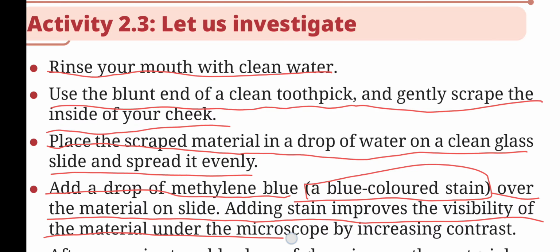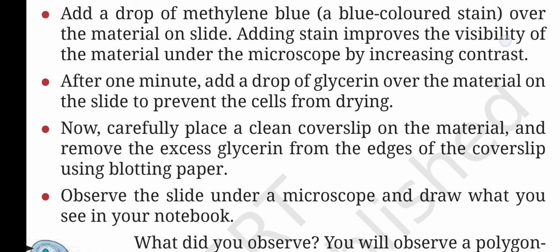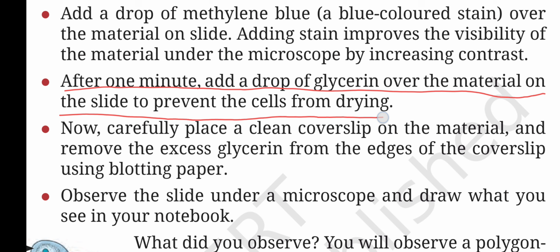Adding stain improves the visibility of the material under the microscope by increasing contrast. After 1 minute, add a drop of glycerin over the material on the slide to prevent the cells from drying.